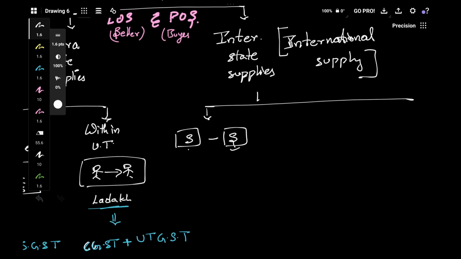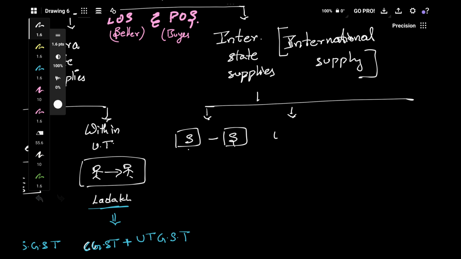Inter means between. We have an intermediate course, right? That is between our higher schooling and our college graduation. So it is in between, and that's why it is called intermediate. In the same way, here inter means between. That is, the sale is happening between different states, with the buyer in one state and the seller in another.